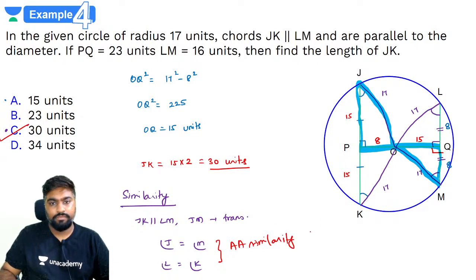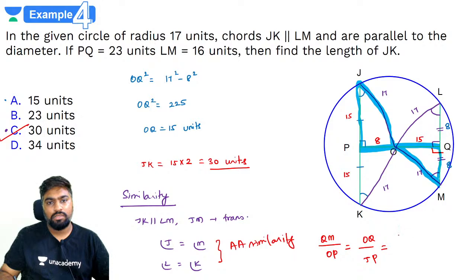You will get QM by OP, base and base, right? So QM by OP will be equal to OQ by JP, which will be equal to OJ by OM.